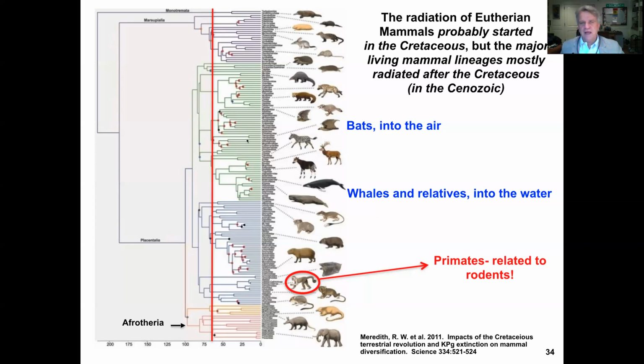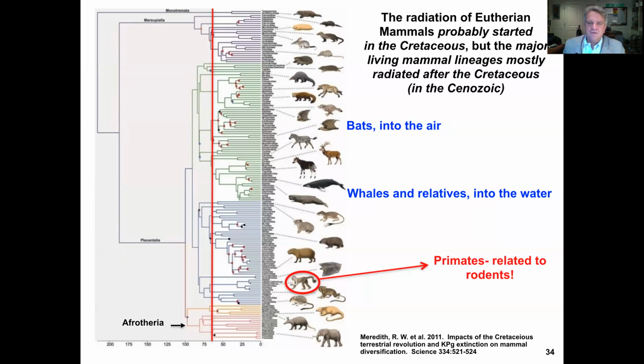And mammals have diversified ecologically to exploit an amazing array of habitats. Obviously, placental mammals are terrestrial. We have placental mammals that live in trees. We have placental mammals that live subterranean. They basically live underground. They burrow.